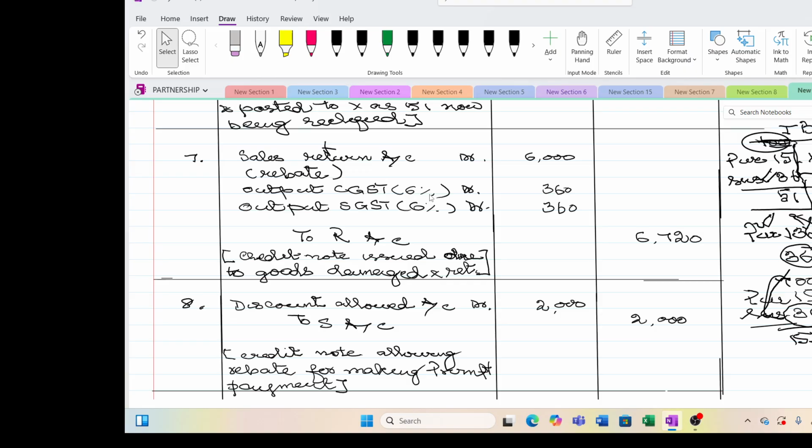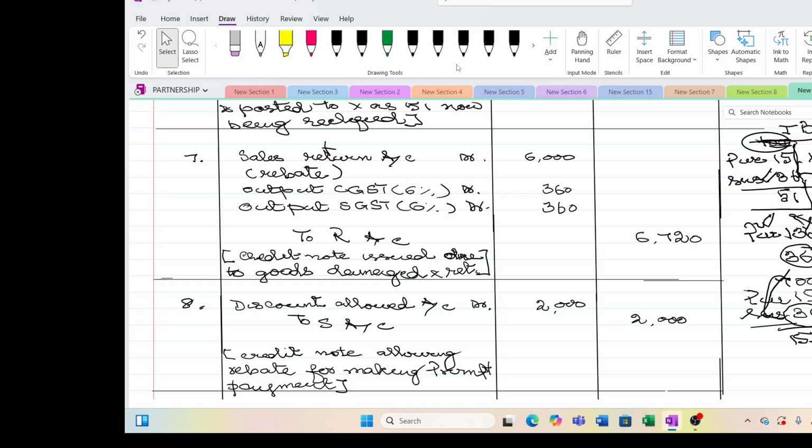So now he has to reverse the central GST and state GST which he booked at the time of selling the goods, to the extent of 6,000. So sales return account is debited and the output GST is reversed. The total amount credited to our account is 6,720, because he need not pay tax on the goods which were returned by him.